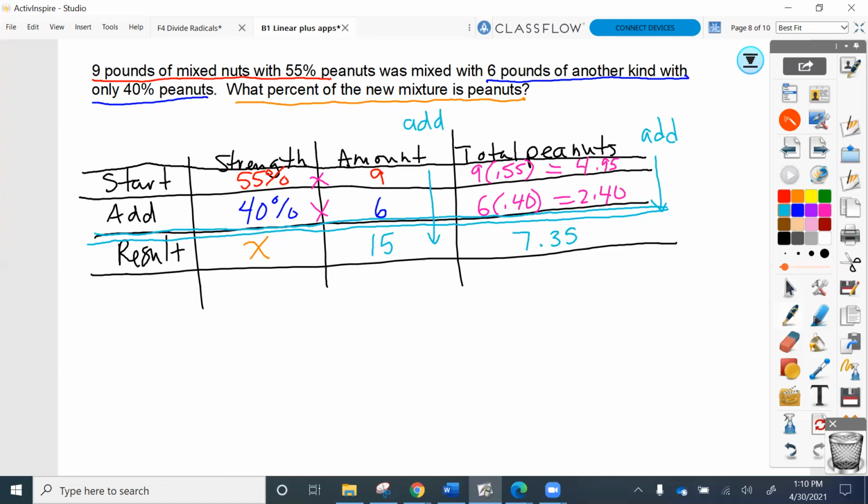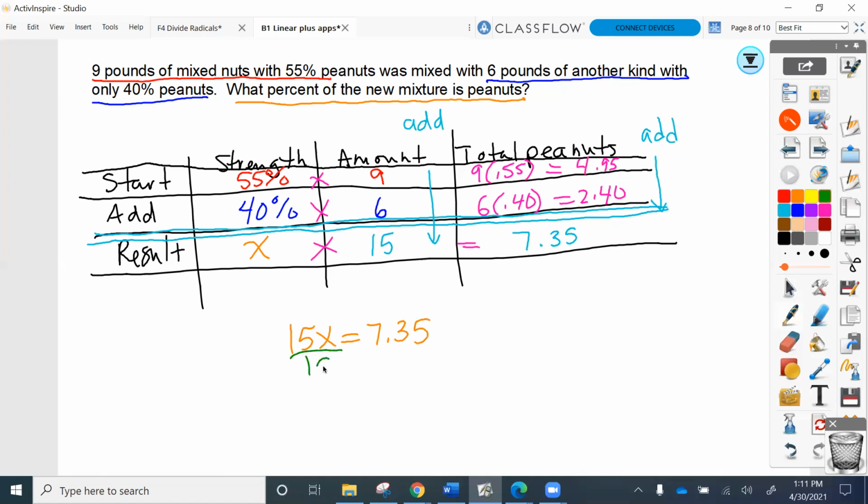So you look, all right, where's my variable? It's in that result. And we know that if we multiply these two, it has to equal the number on the right, right? So we've got 15x equals 7.35.